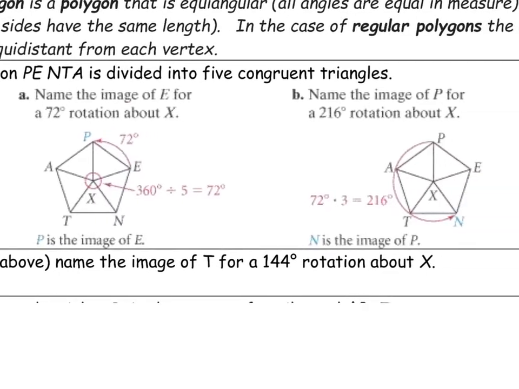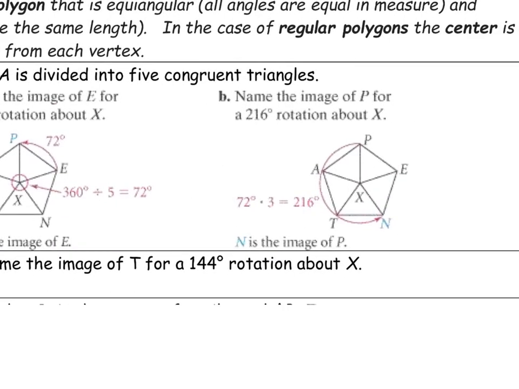So let's take a look at example B. Name the image of P for a 216 degree rotation about X. We know that 216 divided by 72 is 3, or 72 times 3 is 216.